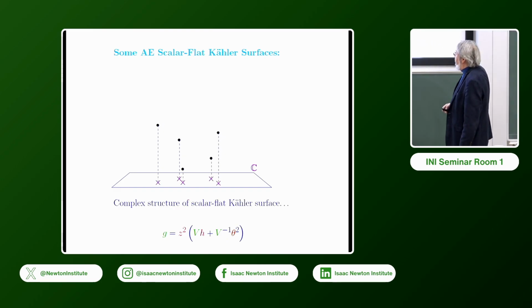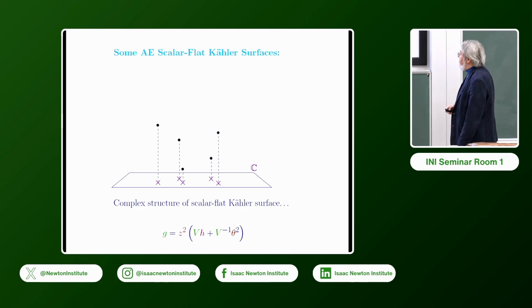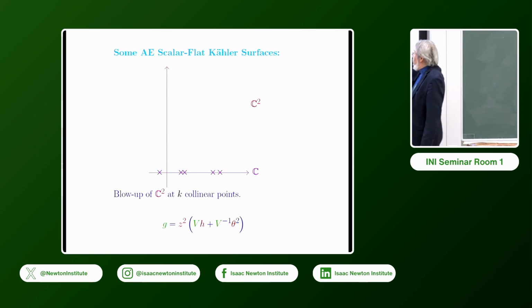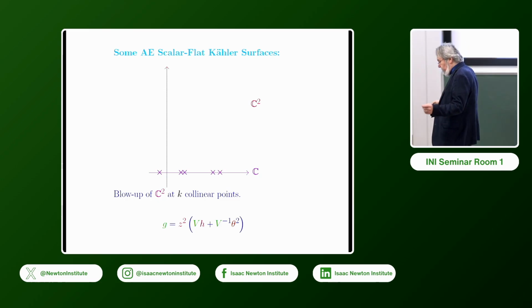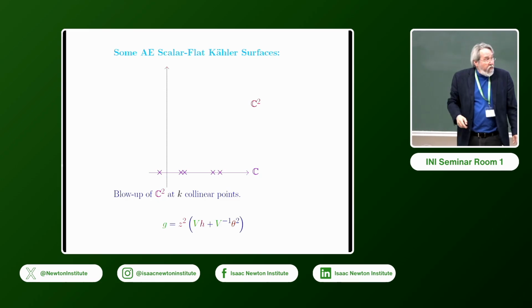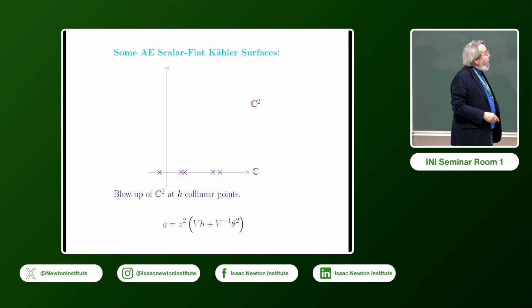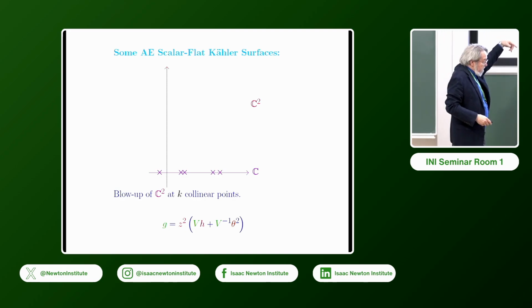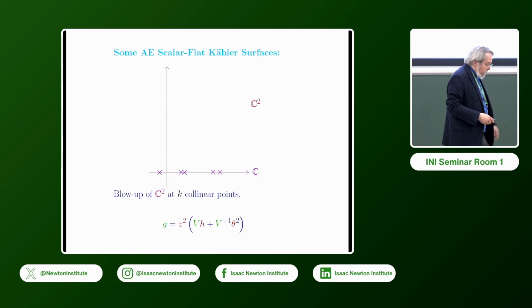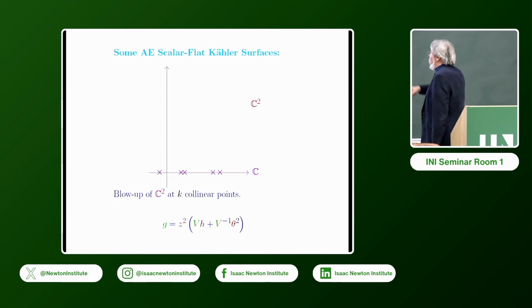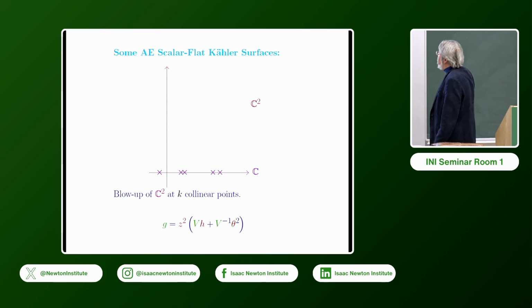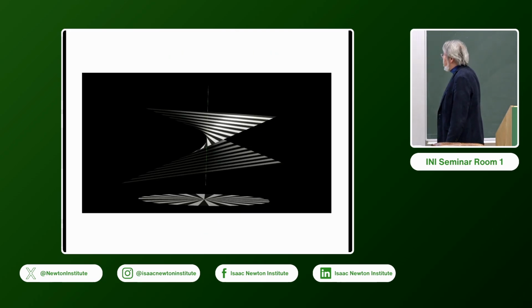So they pick out some complex numbers, and that actually will become the Z1 axis in C2. You've chosen k arbitrary points on the Z1 axis, and this turns out to be a rotationally invariant scalar flat Kähler metric in C2, with a circle symmetry.